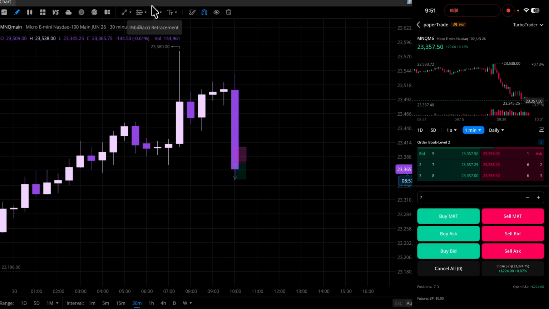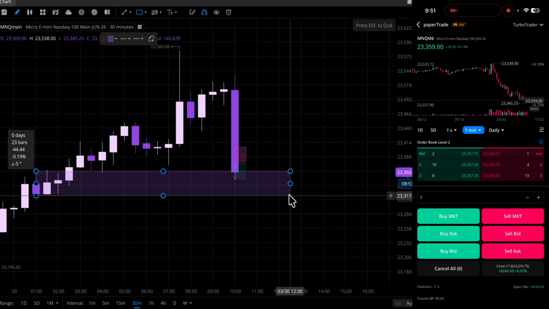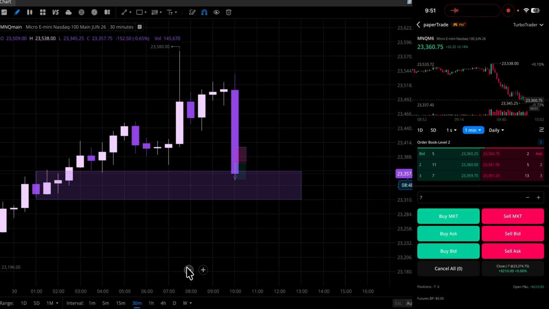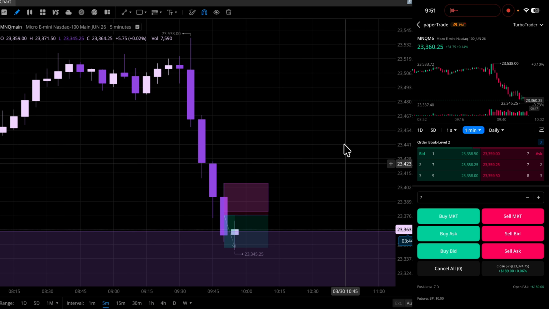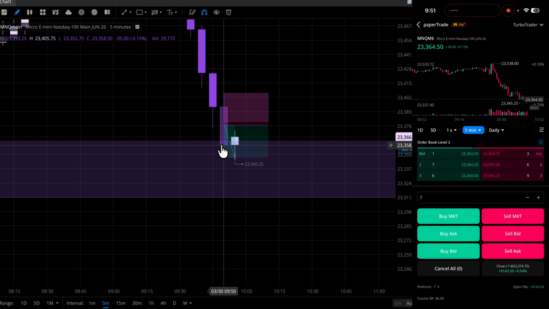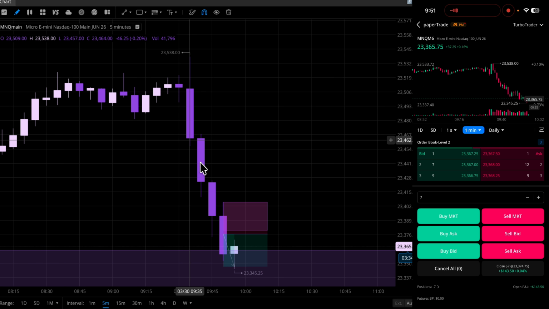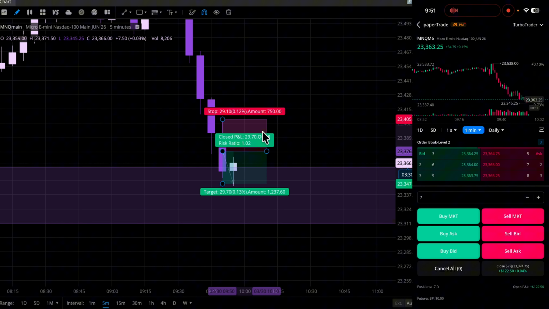Yeah, it already broke that structure. And then, like I said, it's a zone right here. It's a 30-minute zone here. So let's see if it invalidates this zone. It closed inside the zone. And it's finally getting some pullback. So let's see.